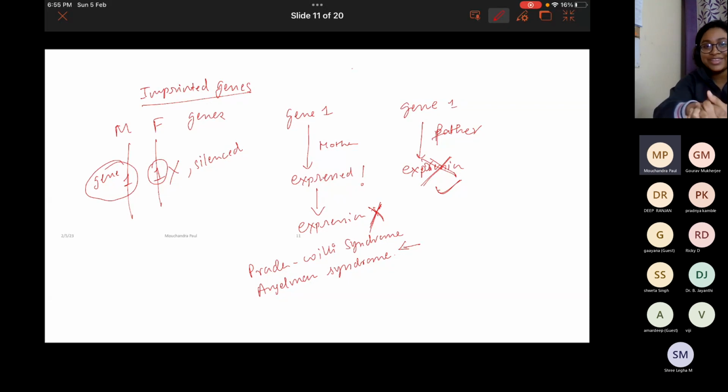I cannot give you the answer, so I'm trying to give you a hint. Say epigenetics is the option, right? Epigenetics is coming from the environment. The environment is causing some change in the DNA, which may not be permanent, may not completely change the DNA sequence. It might be reversible as well, and it may not get passed to its future generation.